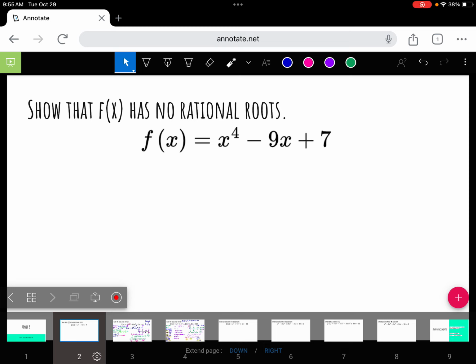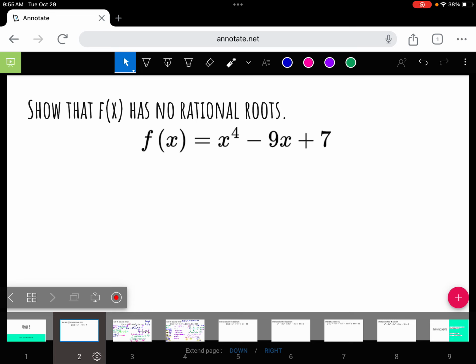So on this problem, we're going to start with our list of all possible rational roots. That's what we did yesterday, where we had our factors of P and our factors of Q, the factors of our constant and the factors of our leading coefficient. So what is our constant?